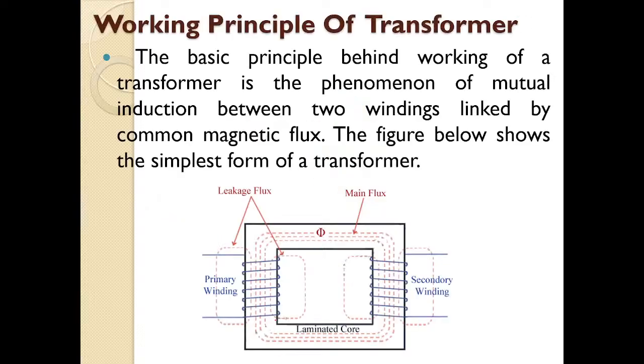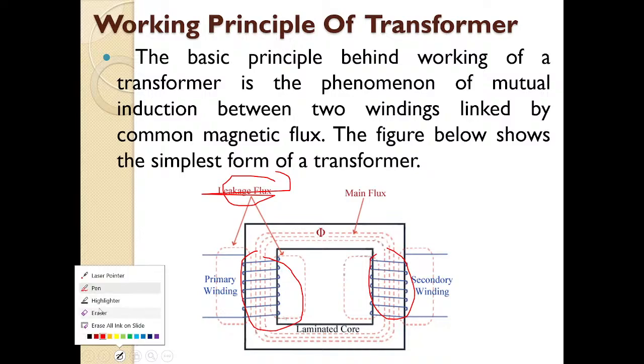Whatever flux that is induced in the core, that whole flux may not travel from this limb to the other limb. Some of the flux may be wasted; some of the flux may travel into the air. That flux is known as leakage flux.